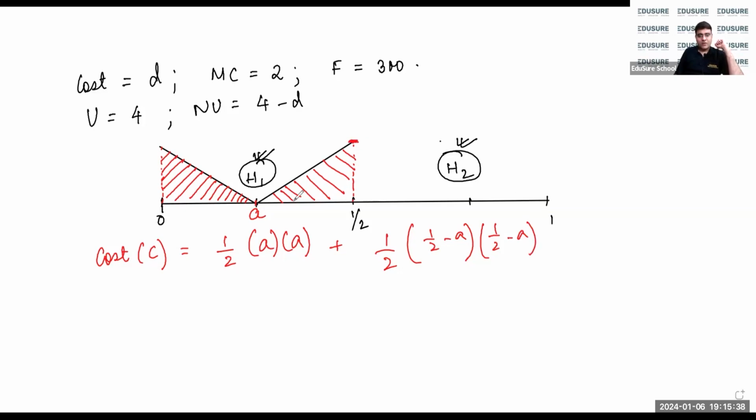So height into base. The height and the base is the same. Half minus A, half minus A. Here also A and A. So now I need to minimize this.